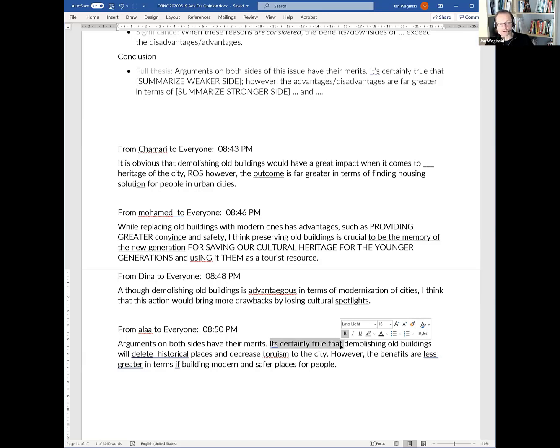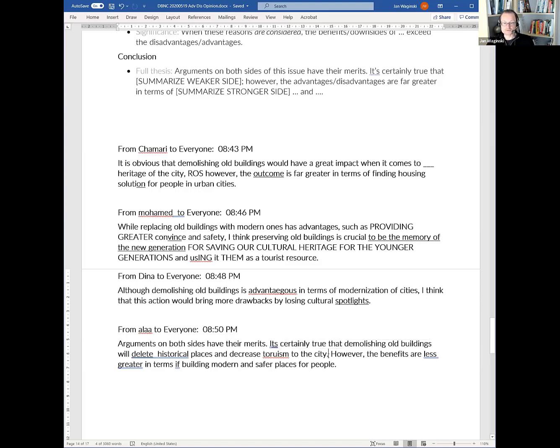And let's say you've gone to a Honda dealer, but previously you went to a Toyota dealer. So the Honda dealer is not going to say, oh, Toyota's a piece of crap. He's going to say, oh, it's certainly true that Toyotas have their benefits, especially in terms of this and that. However, for your needs, a Honda is a better car because of this and because of this. So you start with the side you're going to disagree with.